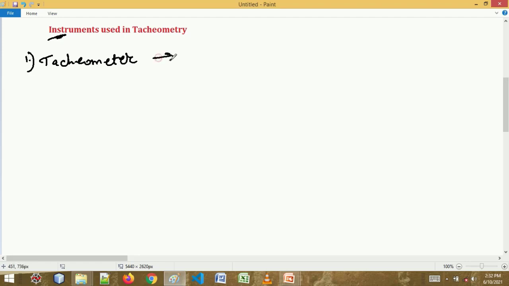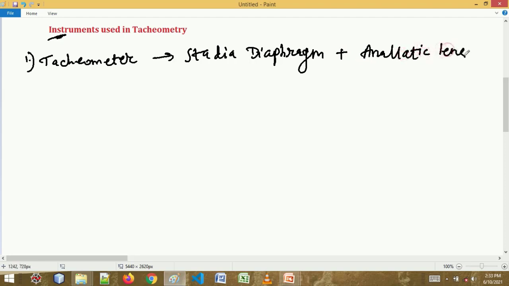So the tachyometer consists of two things: a stadia diaphragm and an analytic lens. We will study about this analytic lens in a separate video, in which we will study what an analytic lens is, what its uses and applications are.